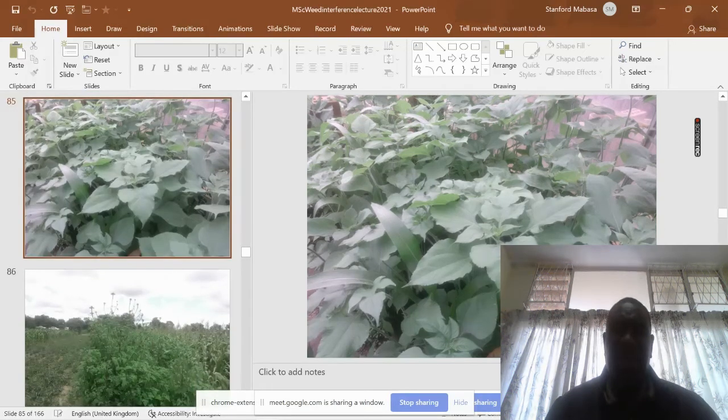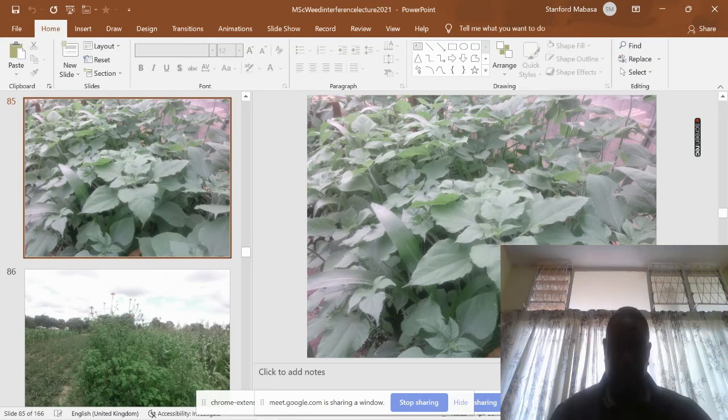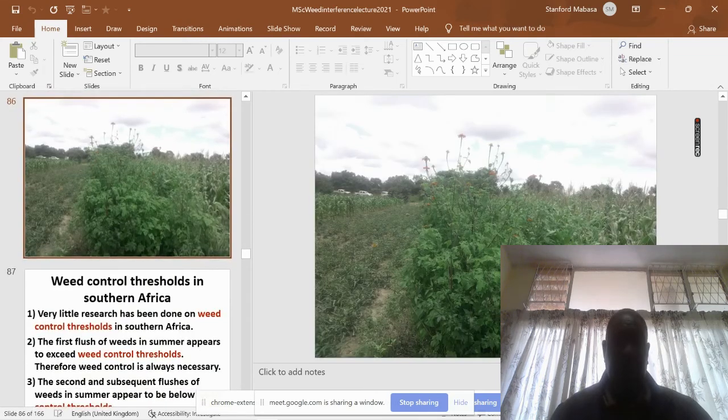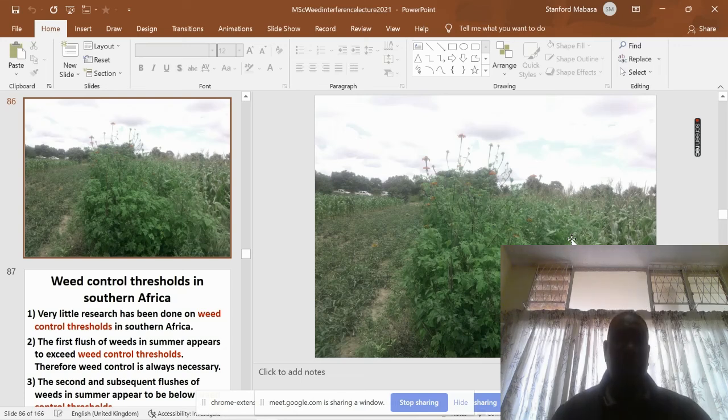Here you can see a lot of Tithonia. You can hardly see the maize crop. Here is the Tithonia in Murewa in the fields. That's why we are motivated to study its effects in maize crops, because it's now tending to invade the agricultural fields.